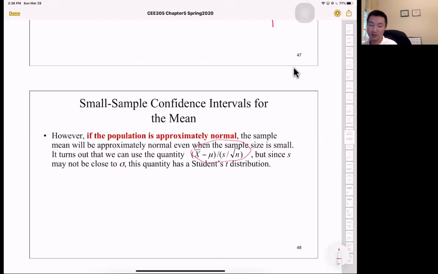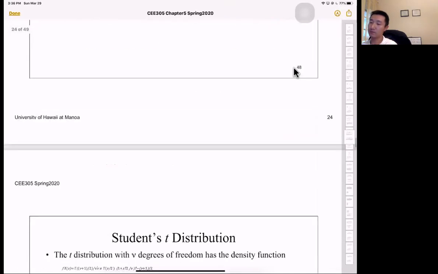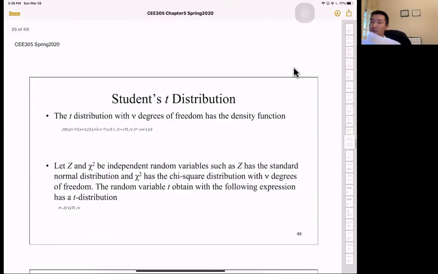But because the sample standard deviation is not close to the population standard deviation, the quantity has another name, which is called student's t distribution. Similar to the normal distribution, the density function of student's t distribution is also very complicated.